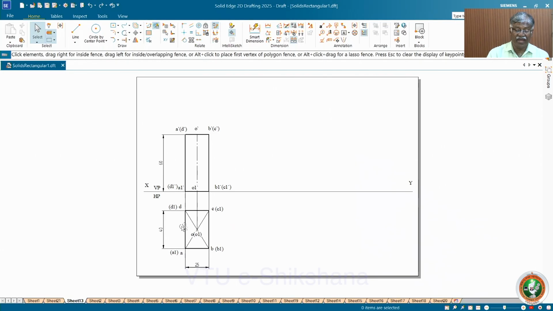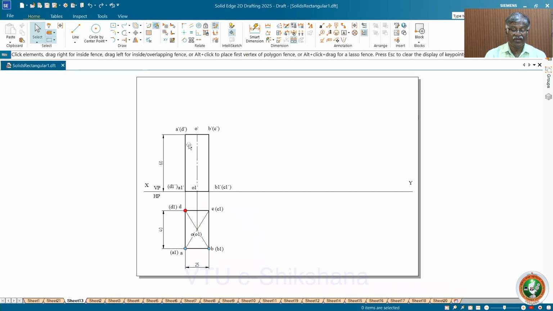Now the same thing I have taken. You must be very careful. This must be the longer base side perpendicular to what? VP or the XY line in the top view, because about that only you rotate, and B1 C1 will be on the ground. Here I have mentioned base corners also just for clarification. Otherwise ABCD will do for you.